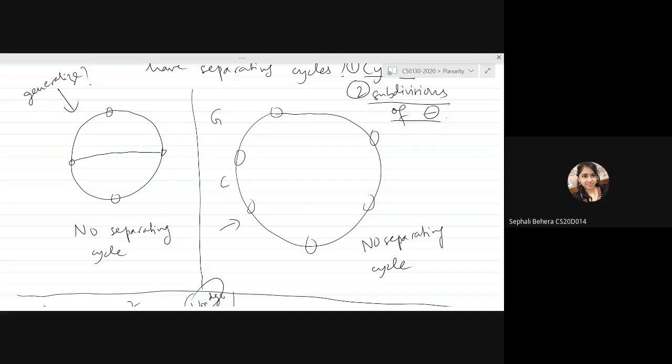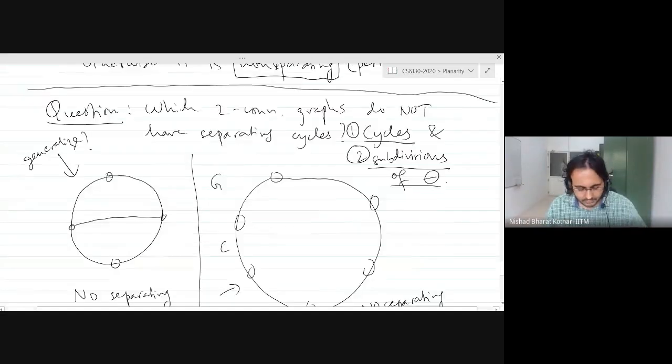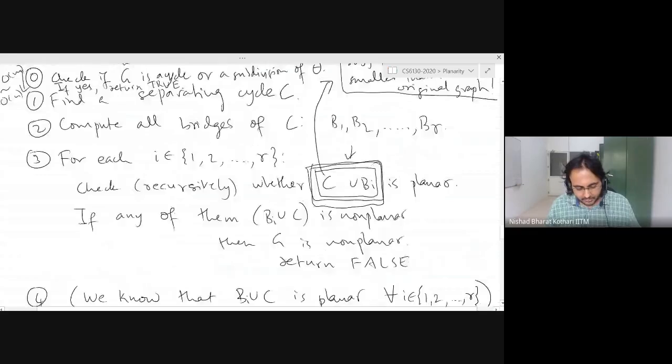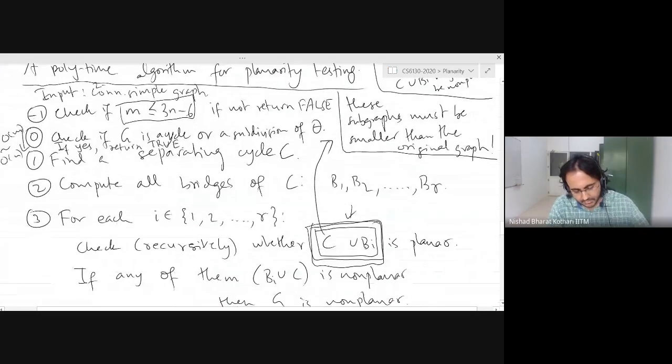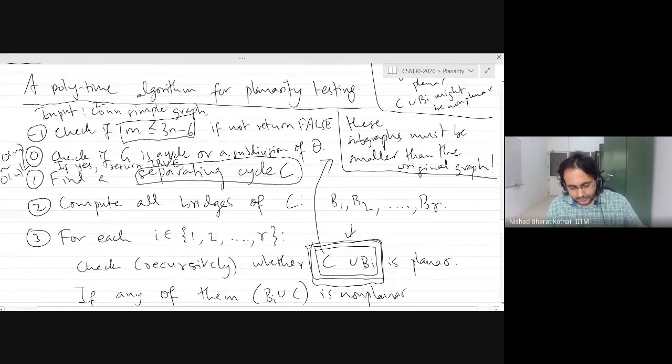Why do we need this? Why do we need a separating cycle in the algorithm? The answer is actually on the page.